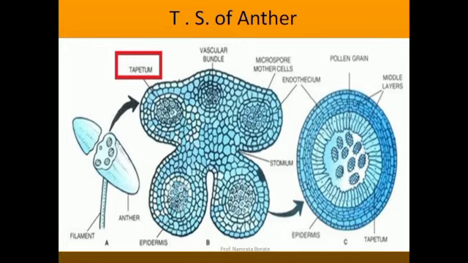The second layer is known as the endothecium. This endothecium is a subepidermal layer, meaning it is present inside the epidermis. It is made up of radially elongated cells with fibrous thickening.